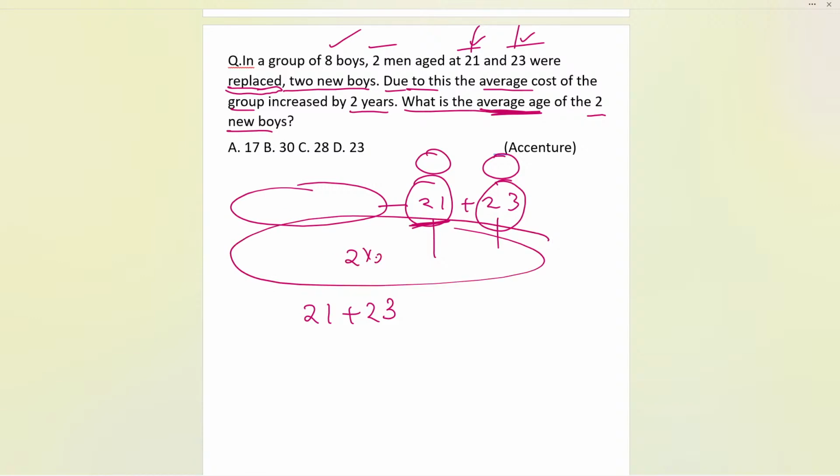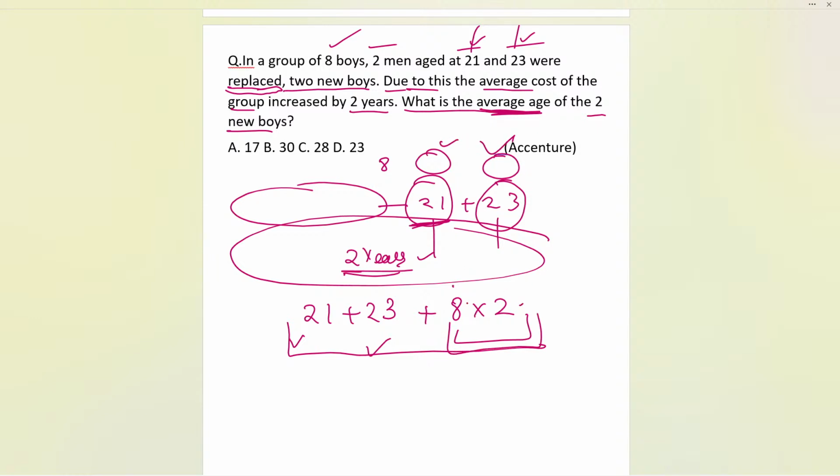The total people were eight earlier. So across eight people, 2 years was the overall change found. That is the additional part we have got from the new boys.